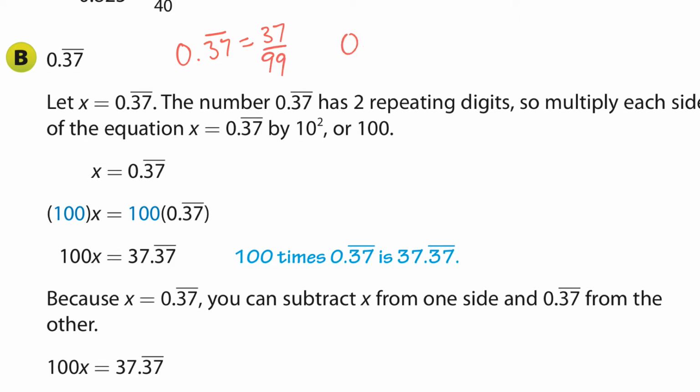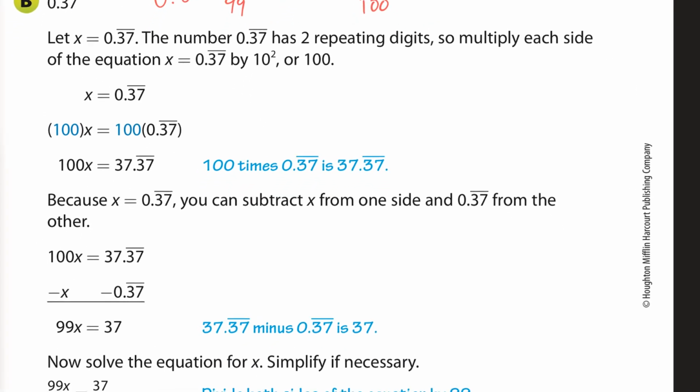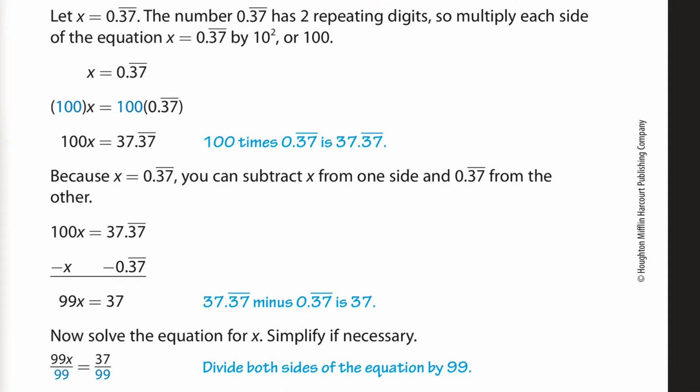But if you have 0.37 without the bar, that's 37 hundredths, or 37 over 100. Okay, bar, you got nines. No bar, it's over 10, or some kind of power of 10. And you might be wondering the reason why. Well, here is the explanation. It is not an easy explanation.